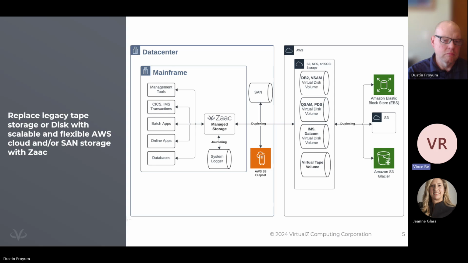So I can have a virtual disk image that looks like one disk on z/OS, but it's not just backed by, let's say, one EBS volume on Amazon. It might be backed by one in the Eastern zone, one in the Western zone, or really whatever makes sense to you, you can implement that way.